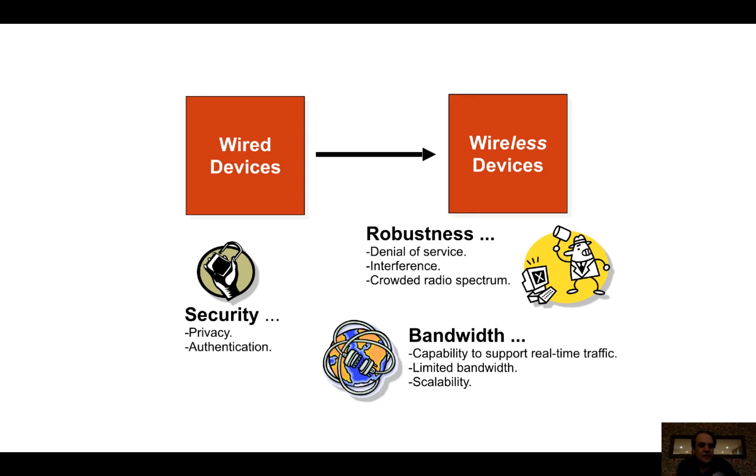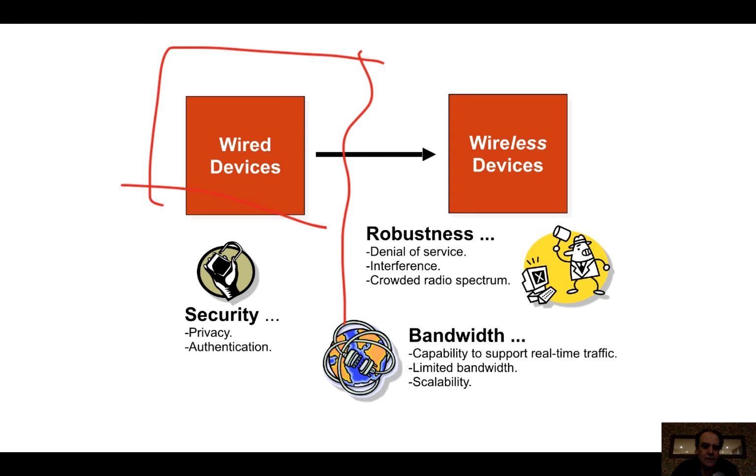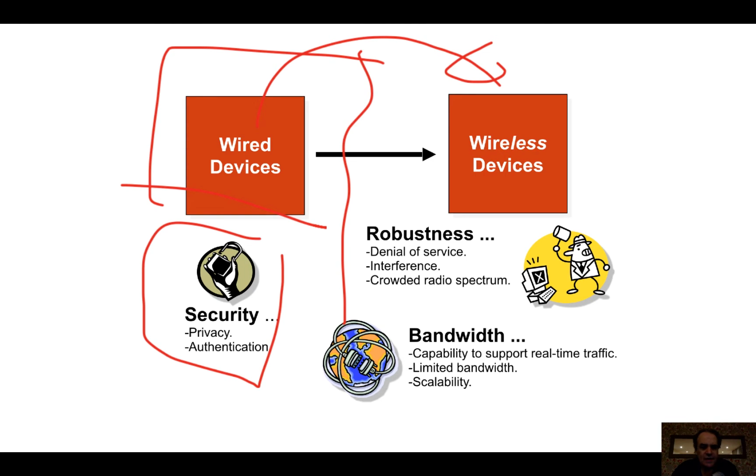Okay, so this is the challenge that we have. Much of the infrastructure we've actually created is around wired devices. So what we need to move towards is really wireless devices. But there are many issues that we have, especially to do with security, authentication, bandwidth.